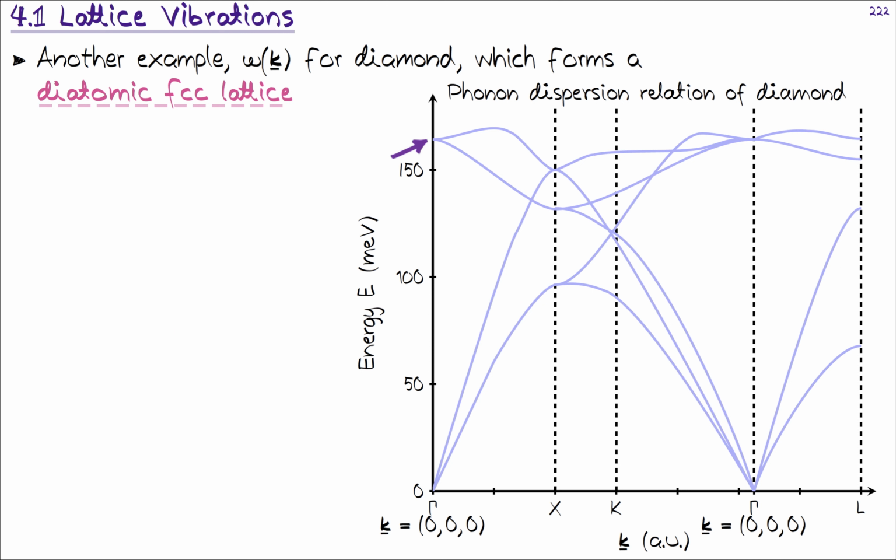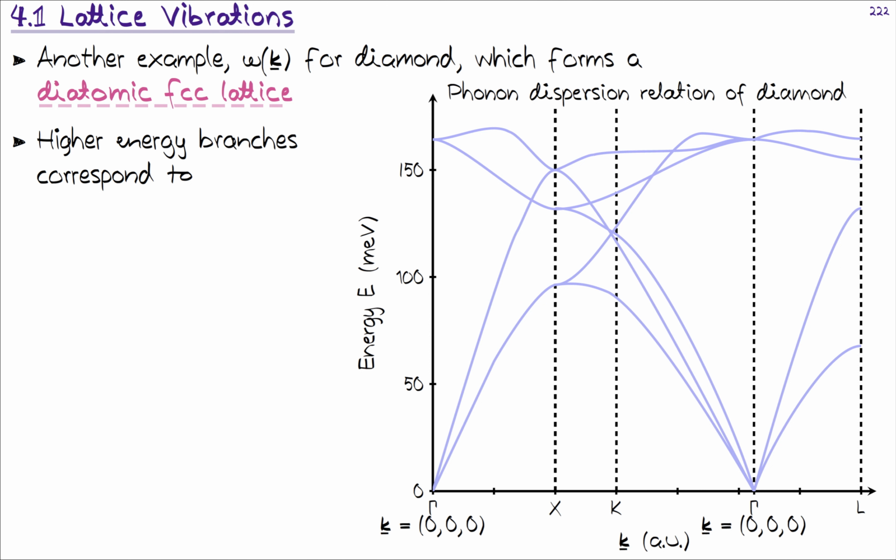And that's a better way of saying it. Because of course the gamma point is here where we have zero energy. At the gamma point, the optical branches do not have zero energies. And this arises from the fact that we have 2 carbon atoms in each of the lattice points.